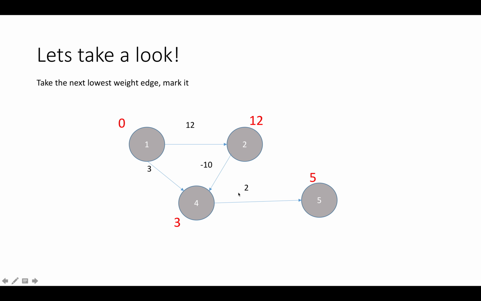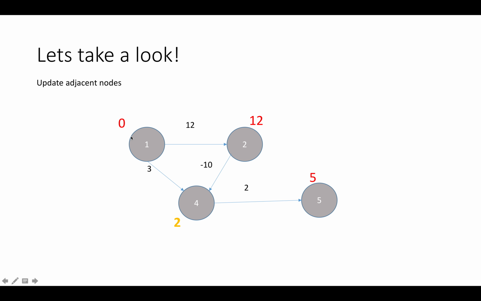Which in this case, we're going to find one of those paths, because this edge from node 2 to node 4 actually has a negative weight associated with it. So that means we can go from node 1 to node 4 by going through node 2 at a cheaper cost than just going from node 1 to node 4 directly, because if we go down this path, we are actually going to go negative.